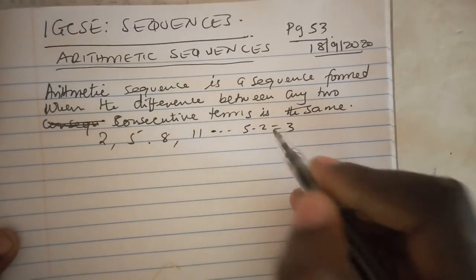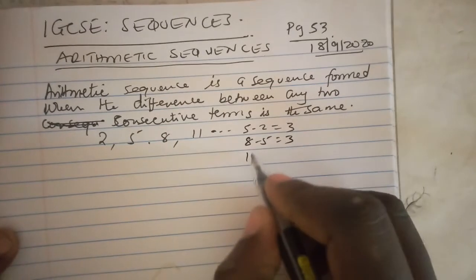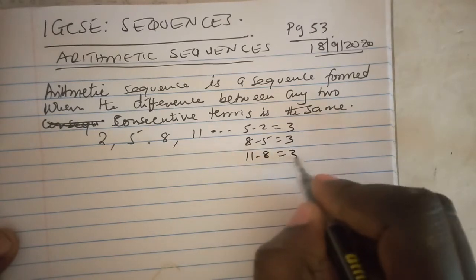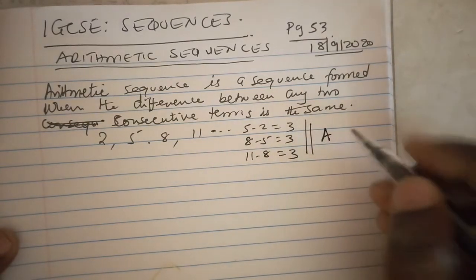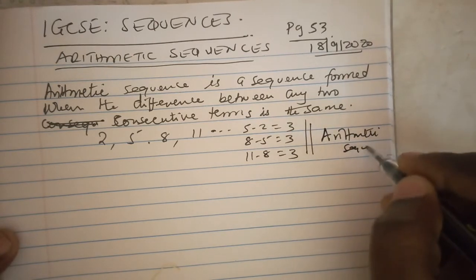minus 2 is 3, 8 minus 5 is 3, 11 minus 8 is 3, then this qualifies to be arithmetic. It's an arithmetic sequence.